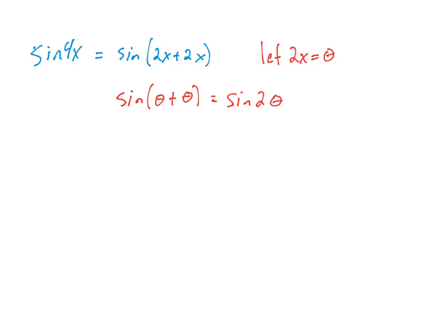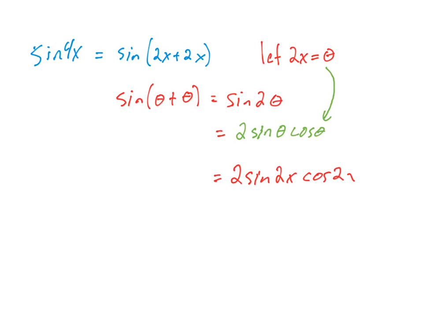Now this is the double angle formula for sine, and the double angle formula for sine is 2 times sine theta cosine theta. And then at this point, I have theta, which I let be equal to 2x. So we could say that this is equal to 2 sine of 2x cosine of 2x.